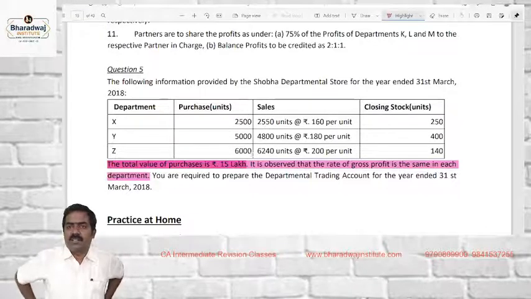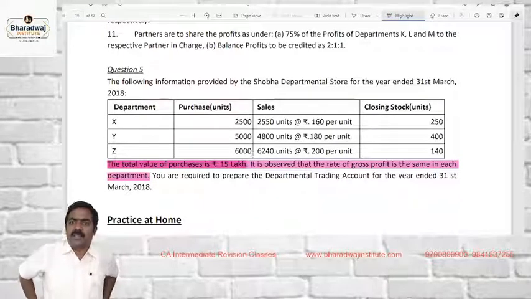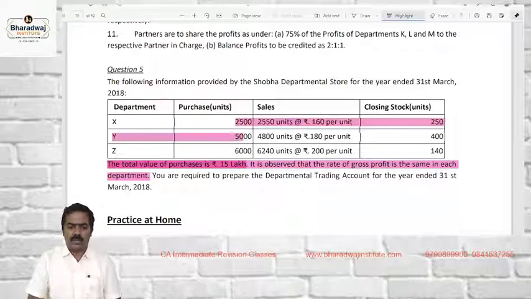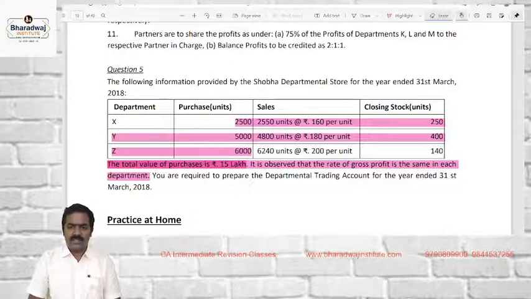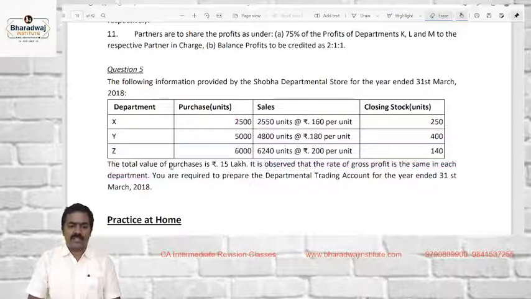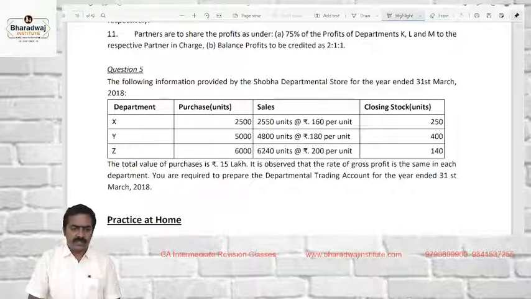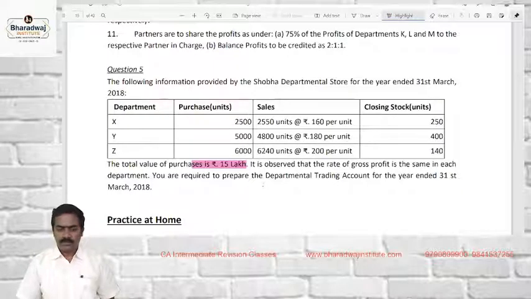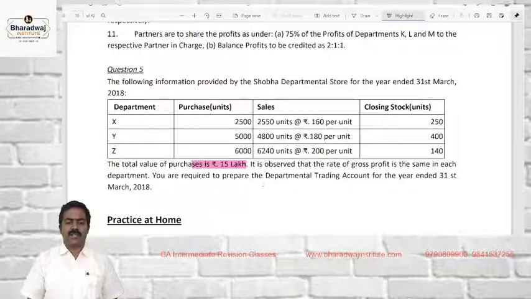Do it in the calculator: 15 lakhs divided by 13,500.